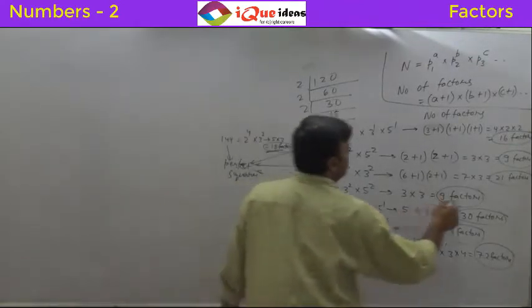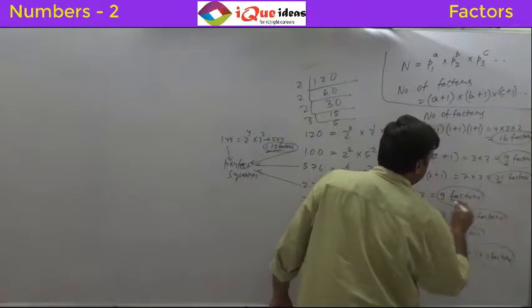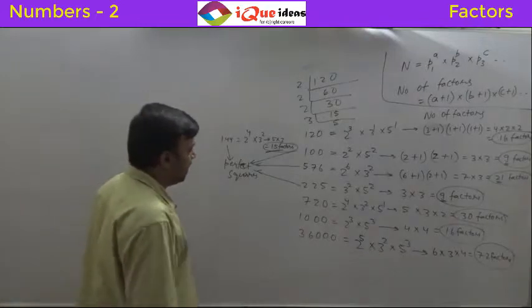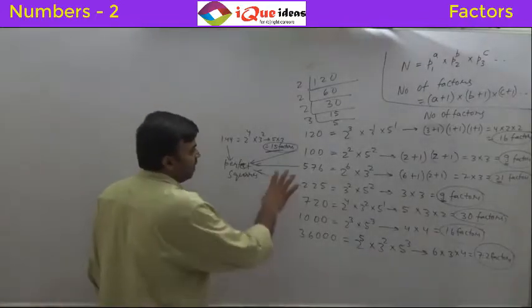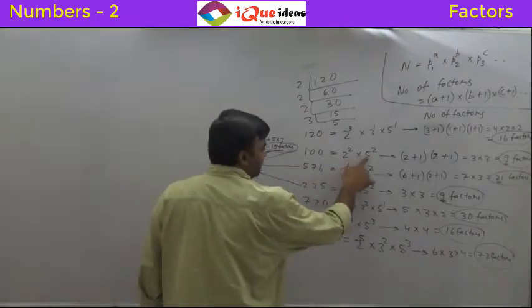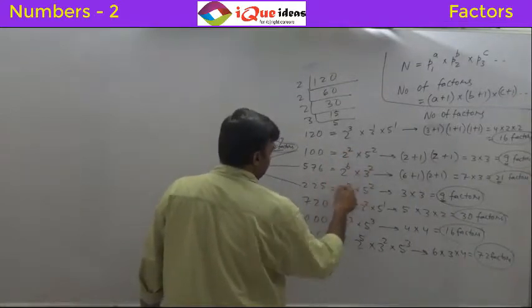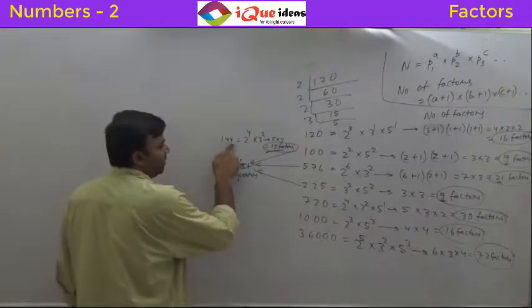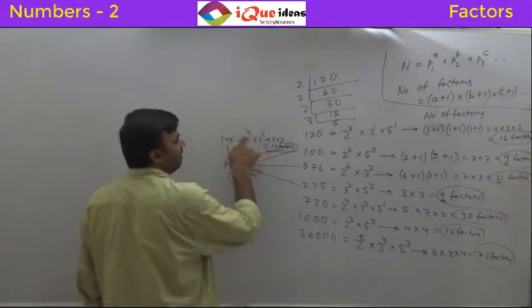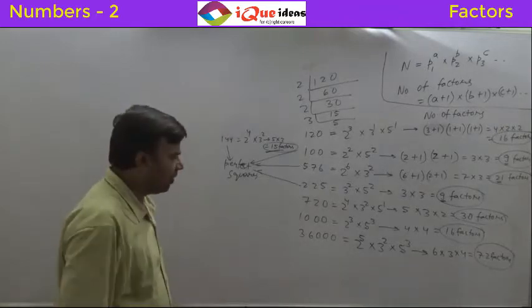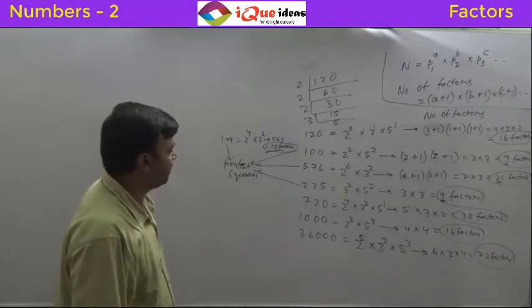If you see, the number of factors for each one of them is an odd number. There is another thing that you can notice. For a perfect square, when you factorize, the powers will always be even numbers. Check for any perfect square. We don't do anything, it automatically happens by virtue of the property of numbers.